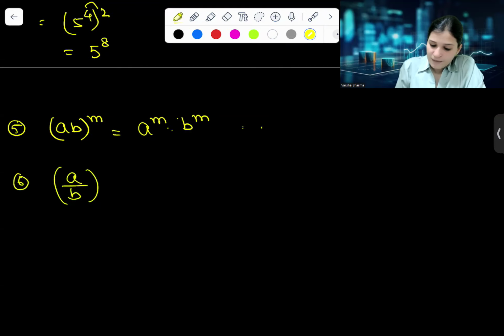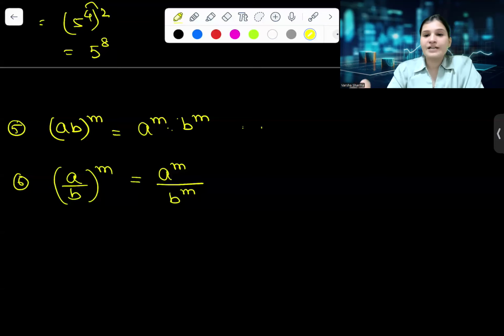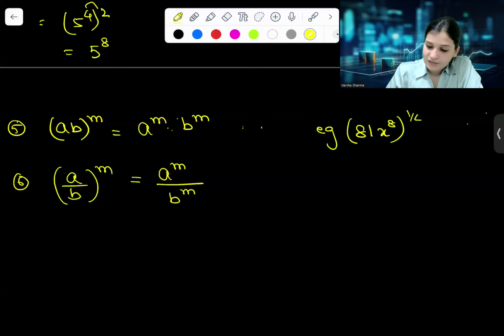A by B whole power M will become A raised to the power M divided by B raised to the power M. So if I want to use this, for example, if I have 81x to the power 8 whole to the power 1 by 4.